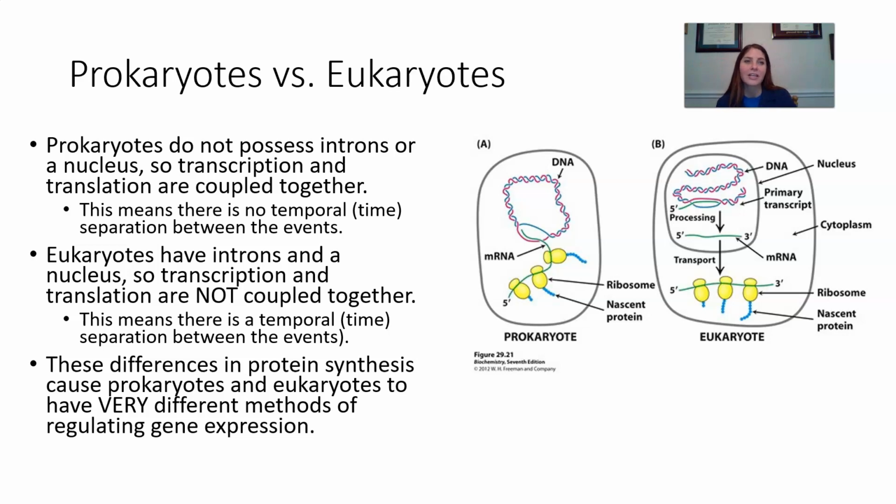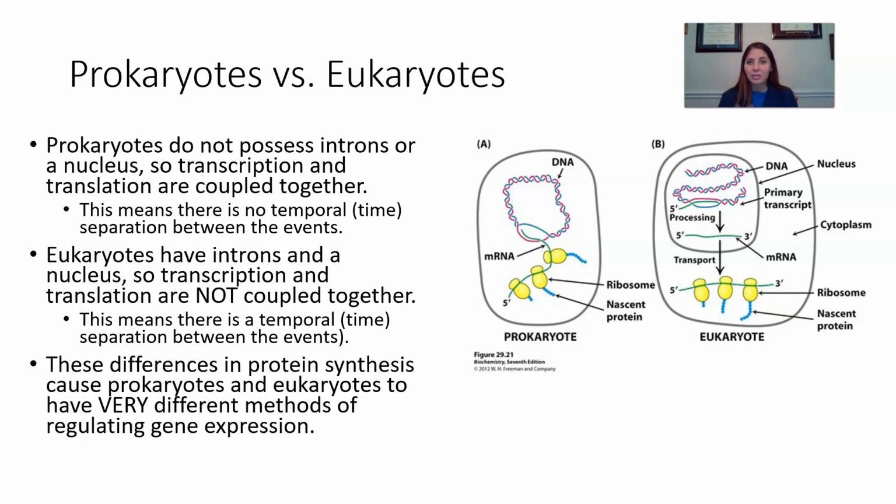The exons get to exit the nucleus, while the introns remain inside of the nucleus. So exons exit, those then get sent to ribosomes where they are upregulated, meaning those genes are expressed, and the introns stay inside the cell and they are not expressed.